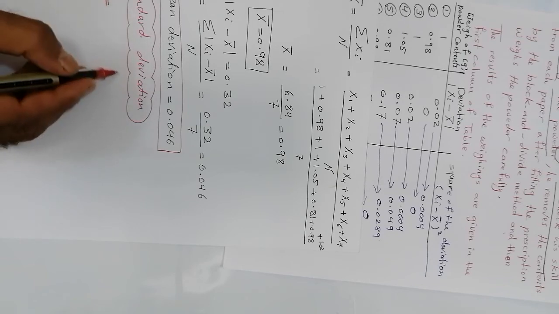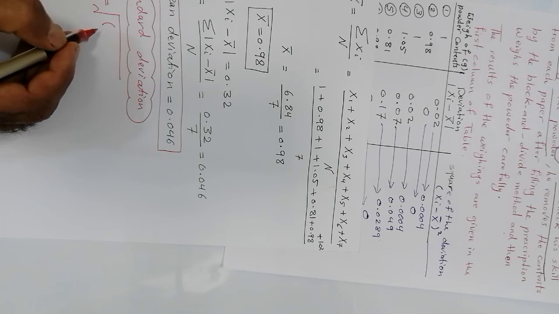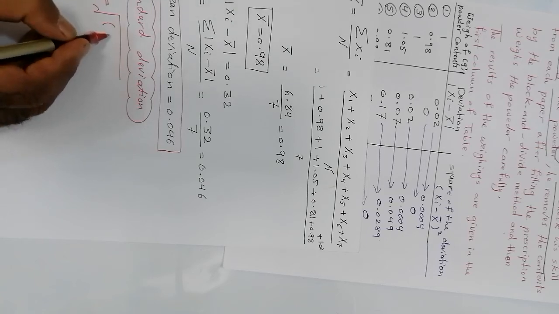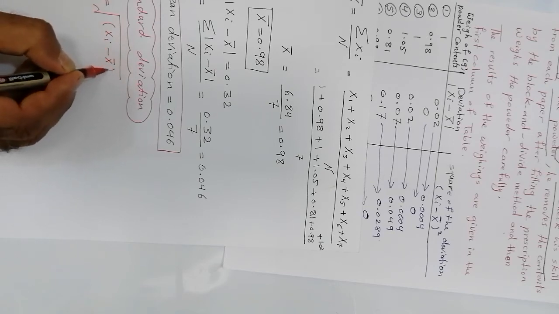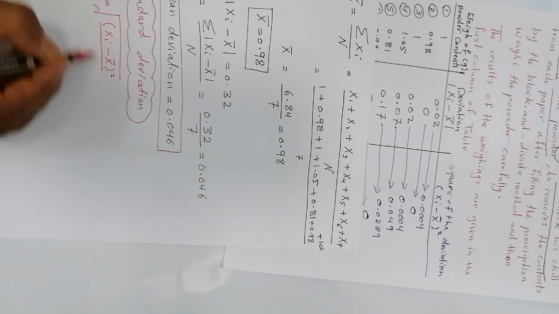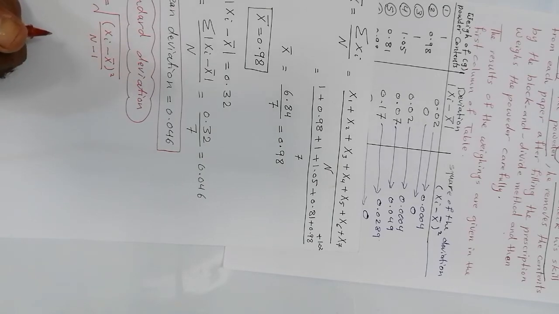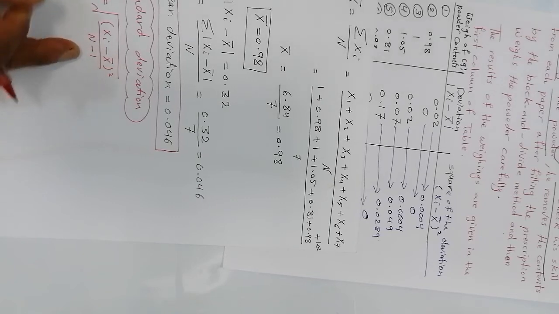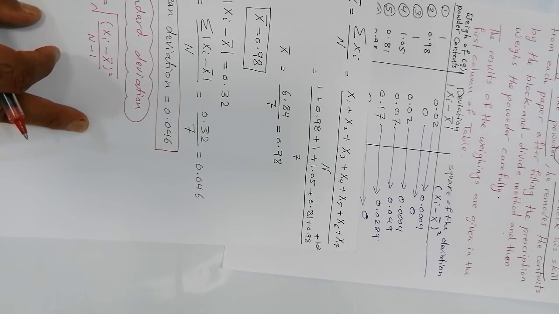S equals the square root of the summation of xi minus x mean squared, over n minus 1, for n less than 100.